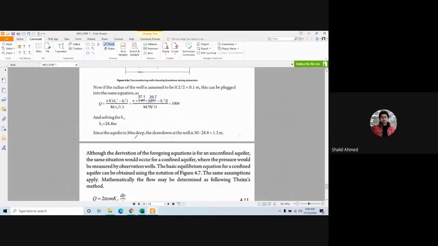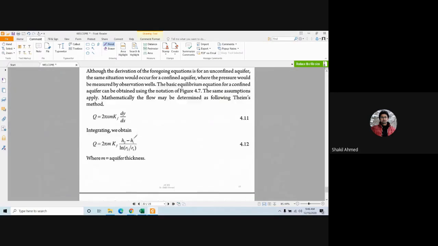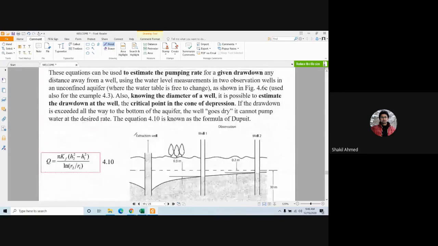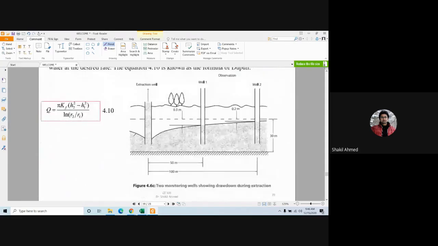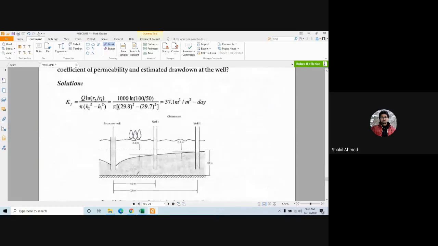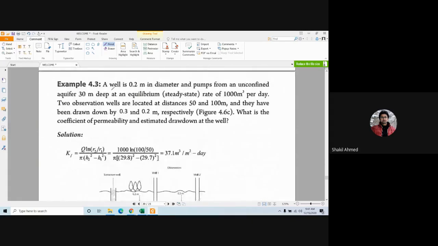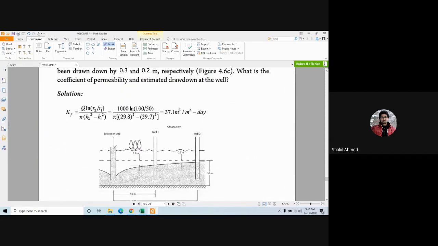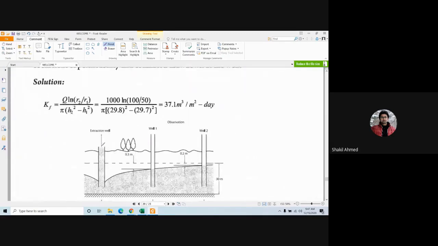Well, now if we solve a problem here on this, you know what they're telling. A well is 0.2 meter in diameter. So you have a well here, an extraction well.